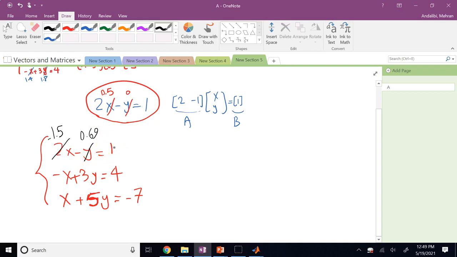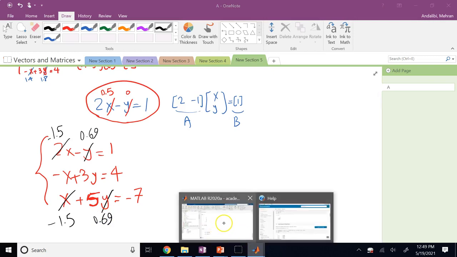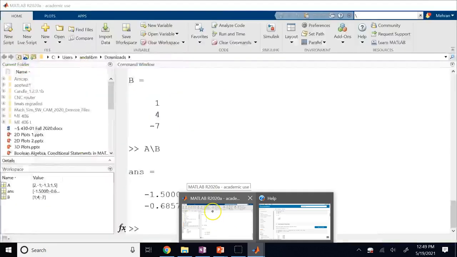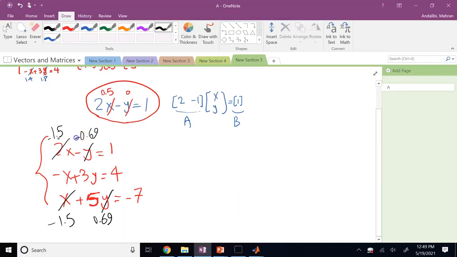That's not going to be equal to 1. If you do it here, let me make sure my y is correct. No, my y is negative. I have to pay attention. This is negative. What happens here? That's negative 3 plus 0.69. So here this result is actually going to be negative 2.31.